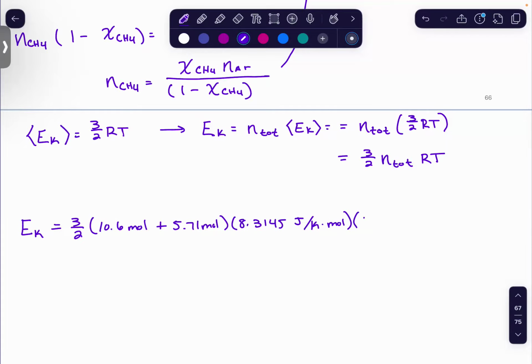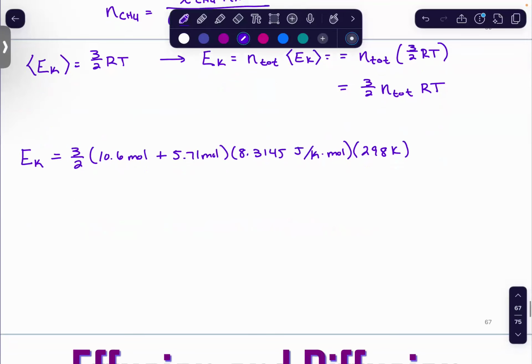And temperature is 298 Kelvin. So my total kinetic energy is going to be 6.06 times 10 to the fourth joules, or as we commonly do in physics, we change this to 60.6 kilojoules.